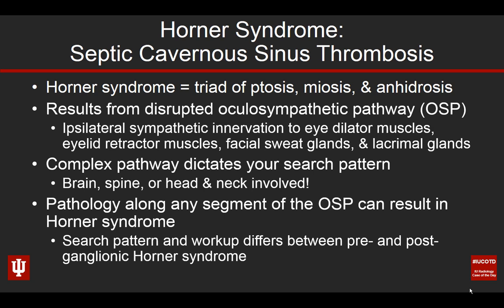So your search pattern and your workup really are predicated on knowing where this pathway is, but it's also helpful to know whether this is a pre- or a post-ganglionic Horner syndrome. I'm not going to get into that with this case. Clinically they can tease that out using cocaine or amphetamine drops in the eyes, to figure out whether we are dealing with something pre-ganglionic or post-ganglionic.